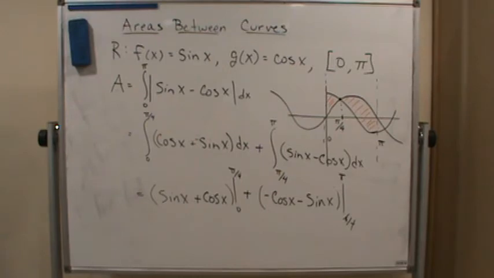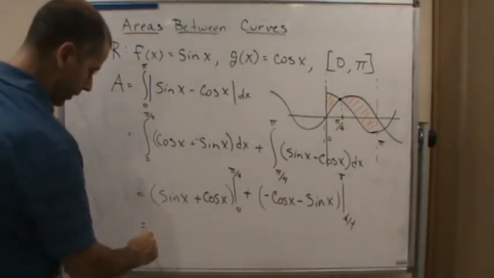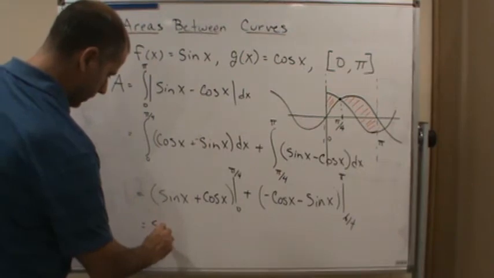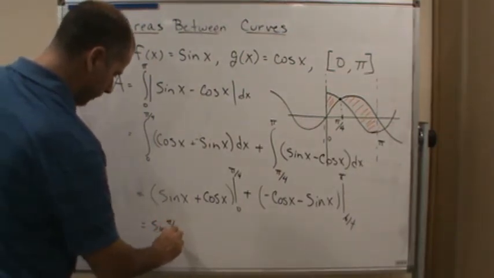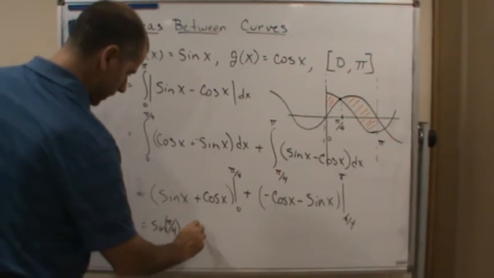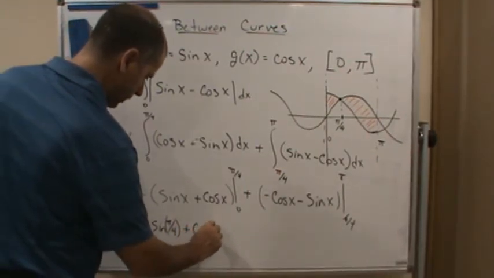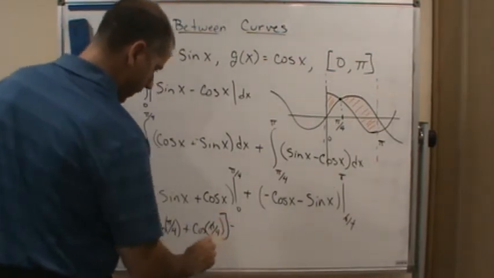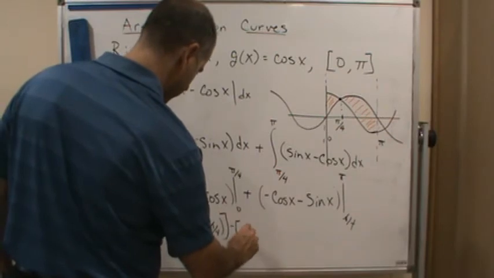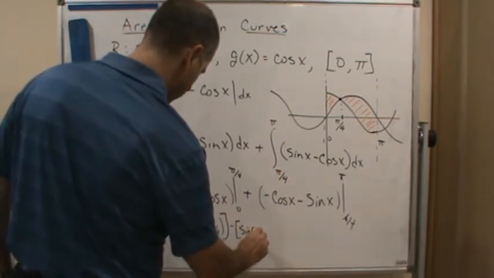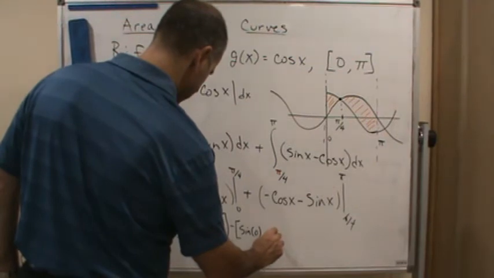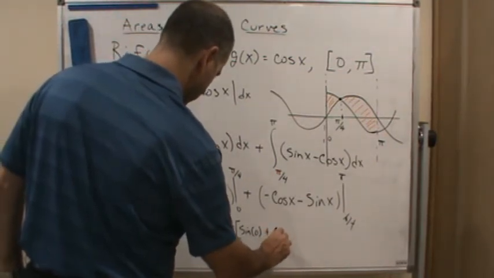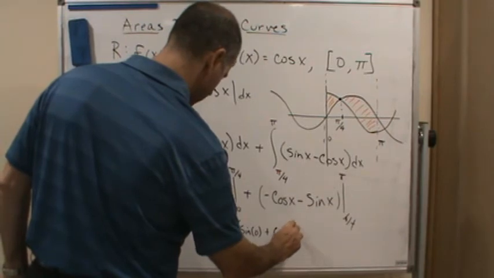Now all we have to do is evaluate this. It's sine of pi over 4 plus cosine of pi over 4, minus sine 0 plus cosine 0.